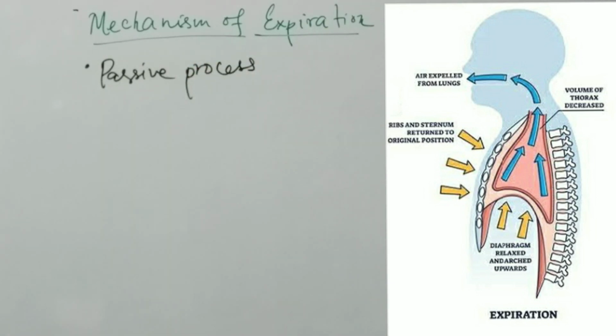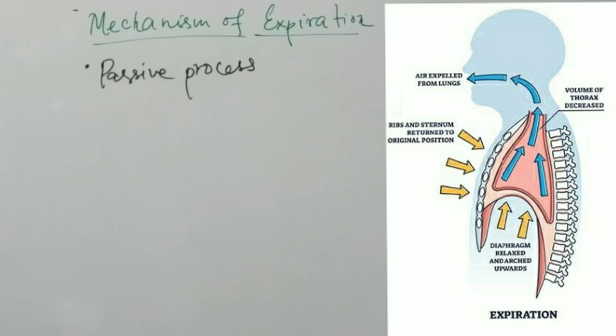But when we expire forcefully, for example, voluntary expiratory efforts during exercise or during bronchial asthma, the muscles of expiration contract. So, what are the muscles? Basically, muscles take a very important part both in inspiration as well as expiration, and here also the muscles take an important role.